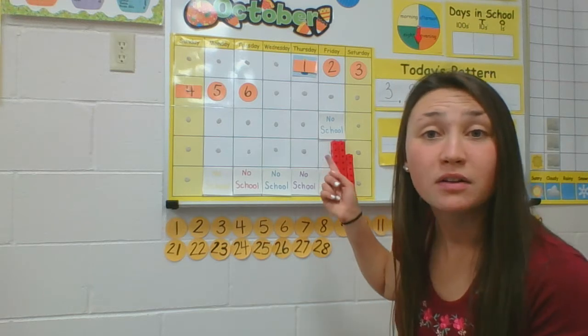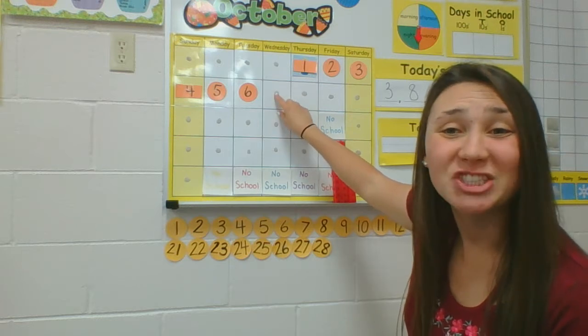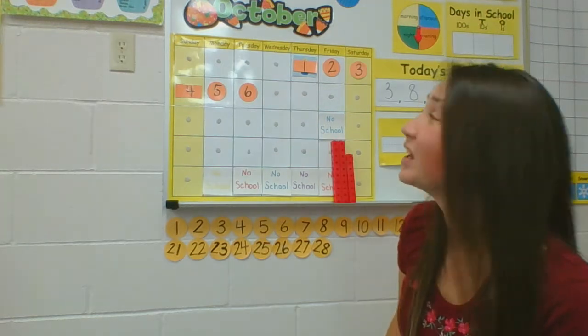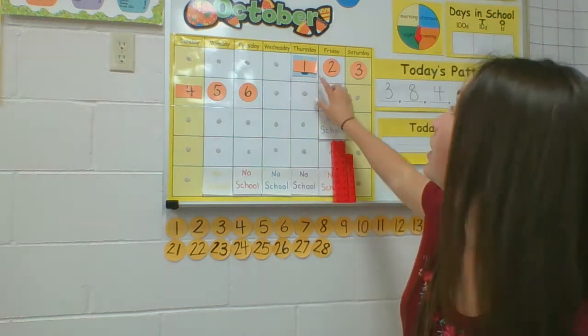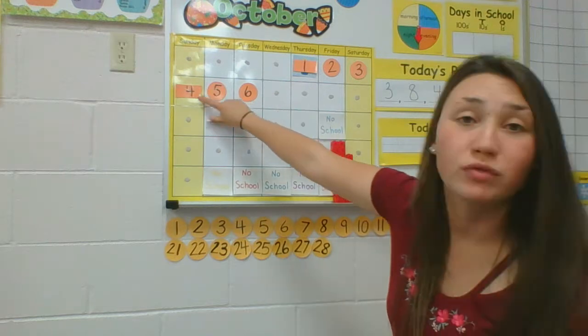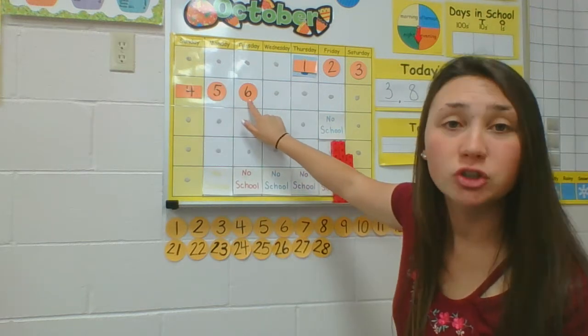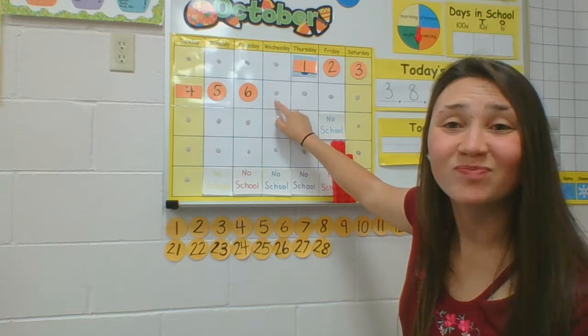So, for our pattern for the day, the shape of the day today, what do you think the shape of the day is going to be? Let's say the shapes we have so far. Ready? With me. Rectangle, circle, circle, rectangle, circle, circle. What do you think today is?